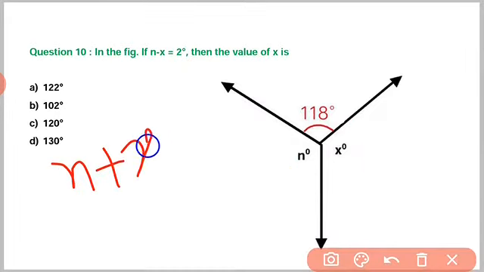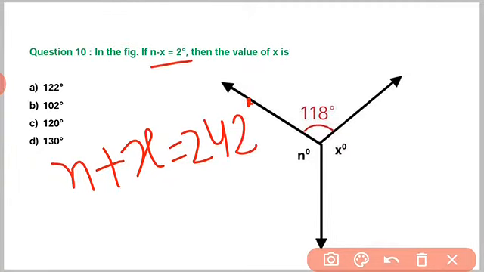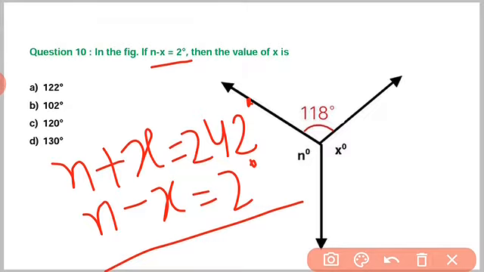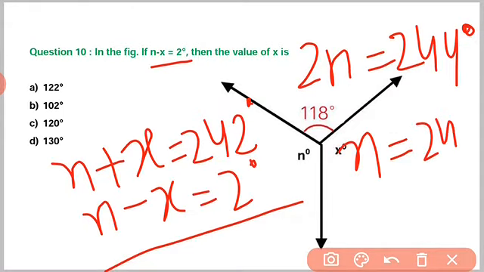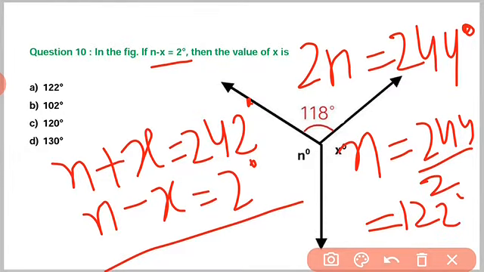that is n plus x is equal to 242 degree. Also we have been given n minus x is equal to 2 degree. So when we add these two, we get 2n is equal to 244 degree. So n will be equal to 244 divided by 2, that is 122 degree.